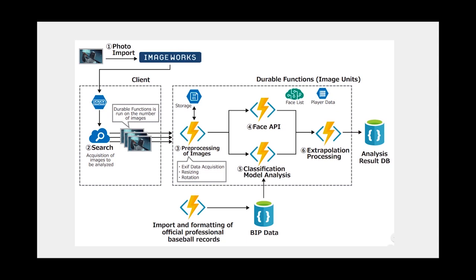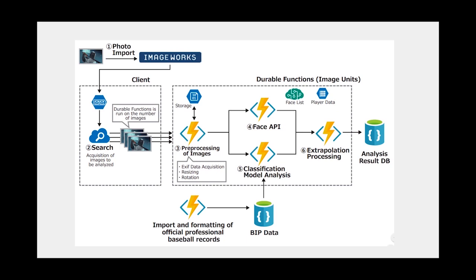And then they can call Face API, which subsequently invokes the Cognitive Service API to do the face recognition. And then there's another function called extrapolation image that outputs a set of analysis results into the database. And with that, ImageWork and FUJIFILM Software will be able to significantly reduce the time compared to the traditional manual process.